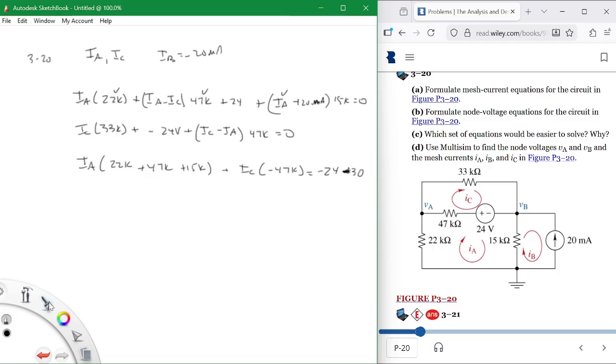If anybody doesn't believe me, I'll do it again. Minus 30. So it's a plus 20 times 15K, 0.020. That's 200, that's 300, excuse me. 20 times 15 is not 30, it's 300. Okay, so that's right, 300.